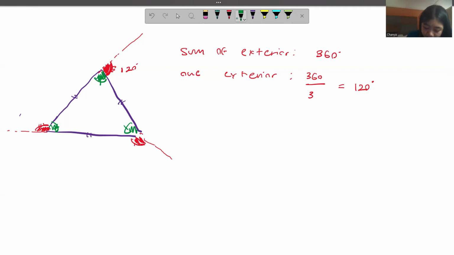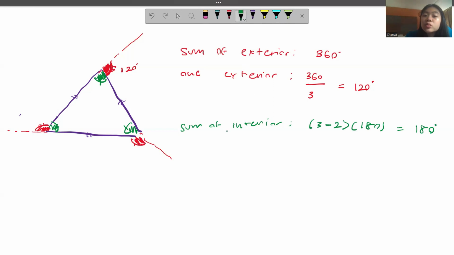So in this case, the sum of the interior angles is, when you say n minus 2 times 180, your n is 3 because you have 3 sides. So it's basically 3 minus 2 times 180, which is equal to 180 degrees.